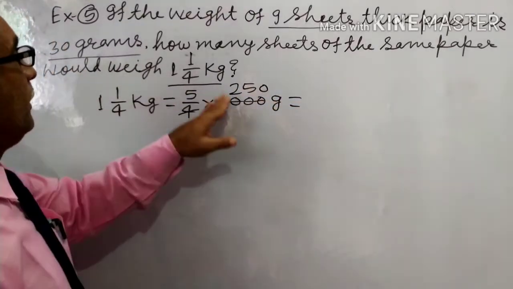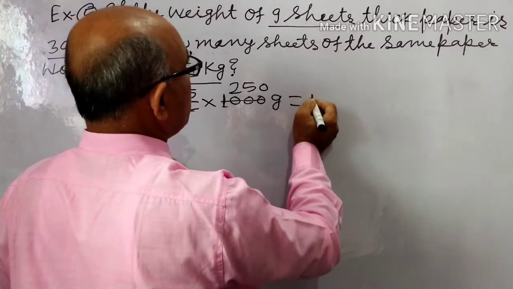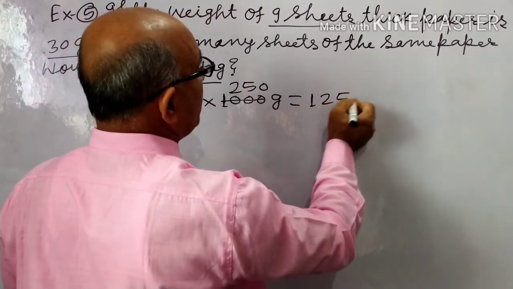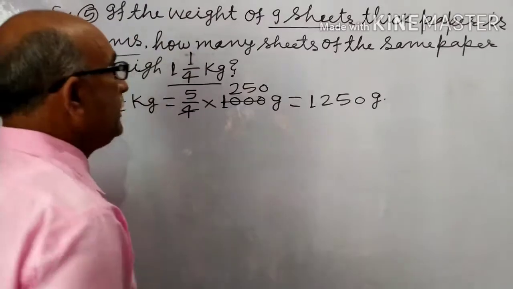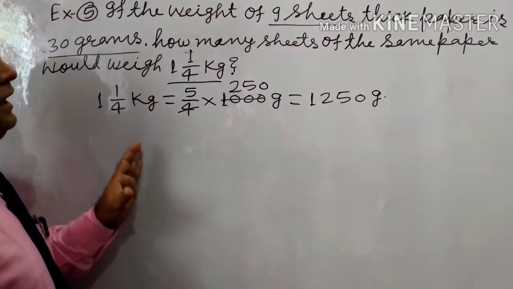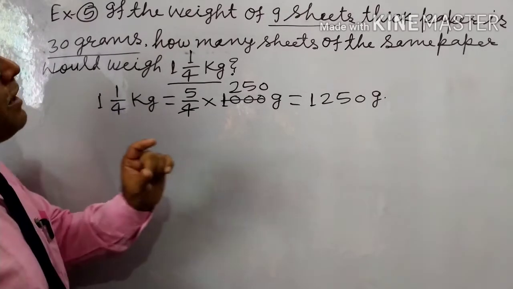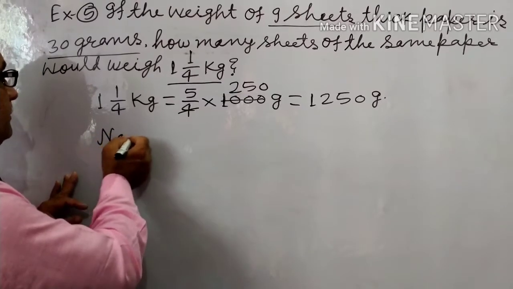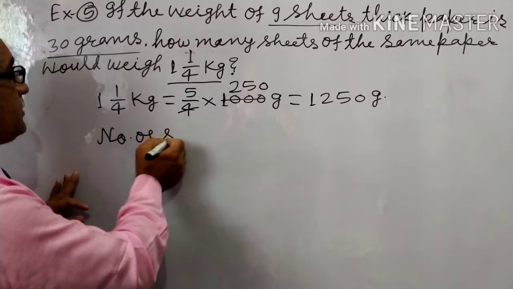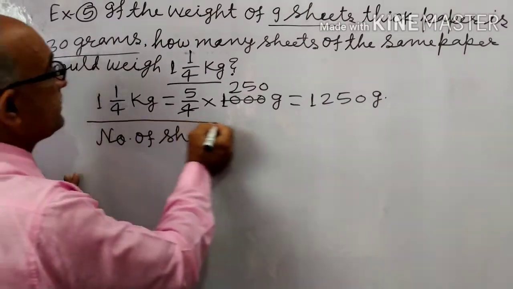Now 250 multiplied by 5. 125 and 0. 1250 grams. Two terms here. One is weight and other is number of sheets. So in first column write number of sheets.